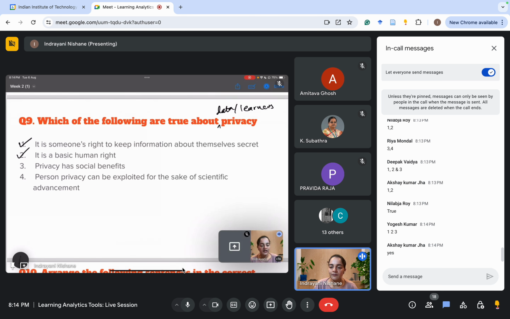Then option 3, privacy has social benefits. Social benefit is for when you interact with others. So let's interpret social benefits as our interaction with others. If I'm keeping my information private, will I benefit in social interaction? No. I'm not keeping my information private. I'm sharing my name with you all.